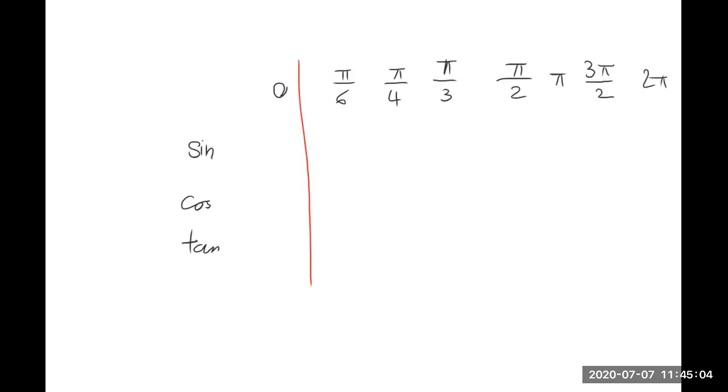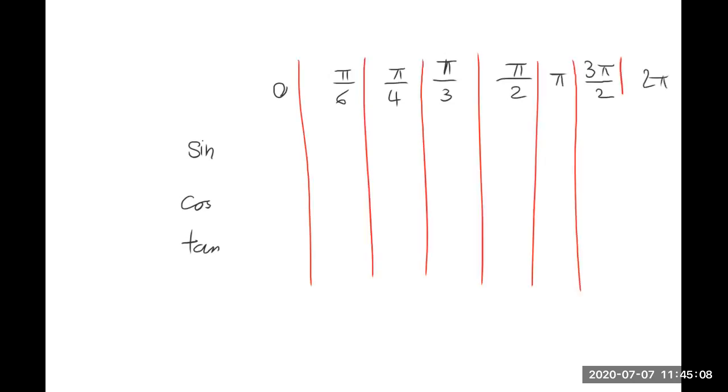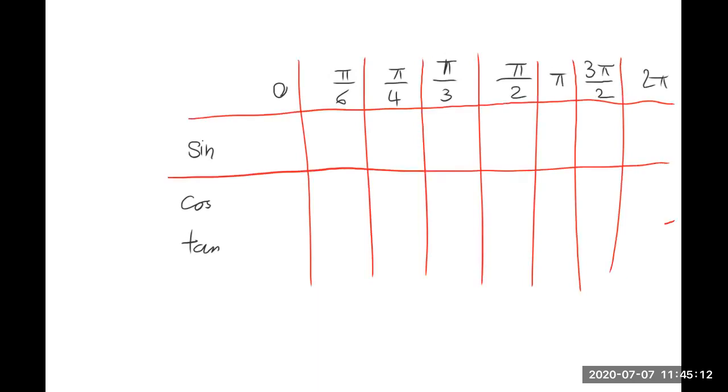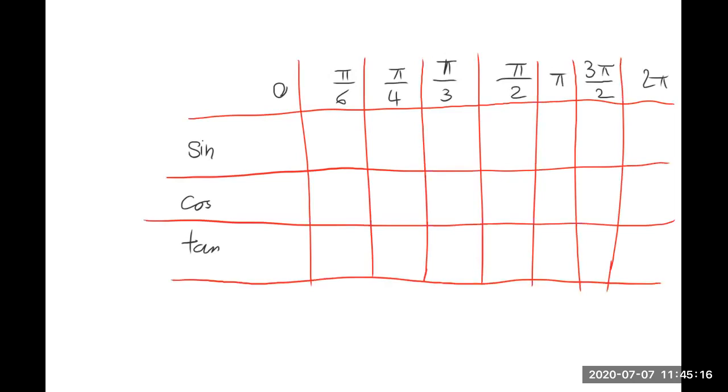So these are things that you need to know. It's good to memorize them actually. But if you don't want to memorize them, at least review them. So you would have almost in your mind what these values are. I'm not going to write them now, but you need to fill this table for yourself later. It's good to know them.